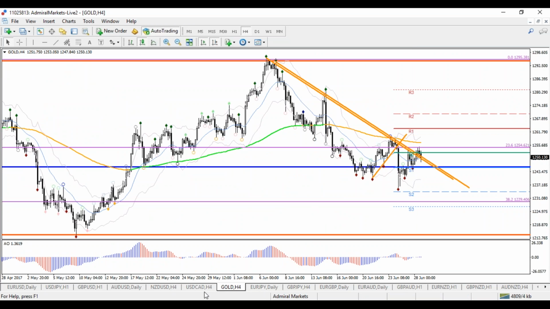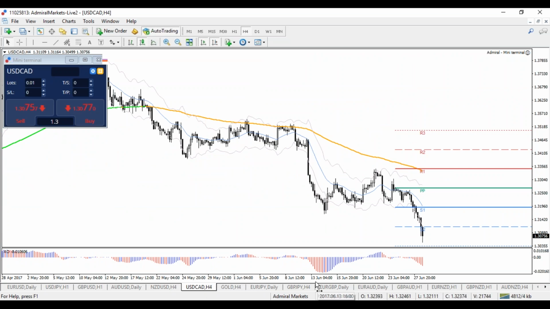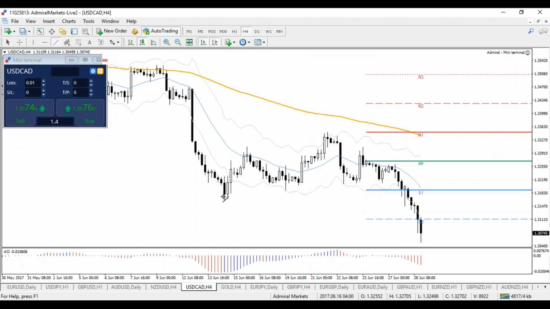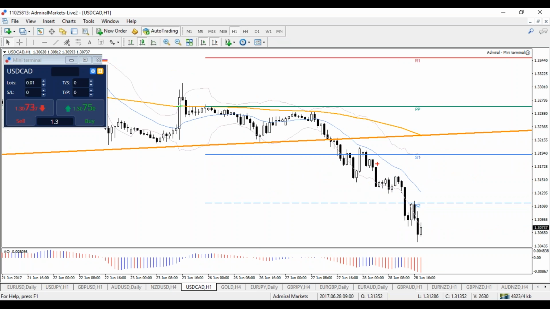All right. One of the pairs I also was interested in is dollar CAD, especially after this break, but it didn't pull back yet. I was looking for an hourly pullback more than these things here, more like a flag kind of formation.